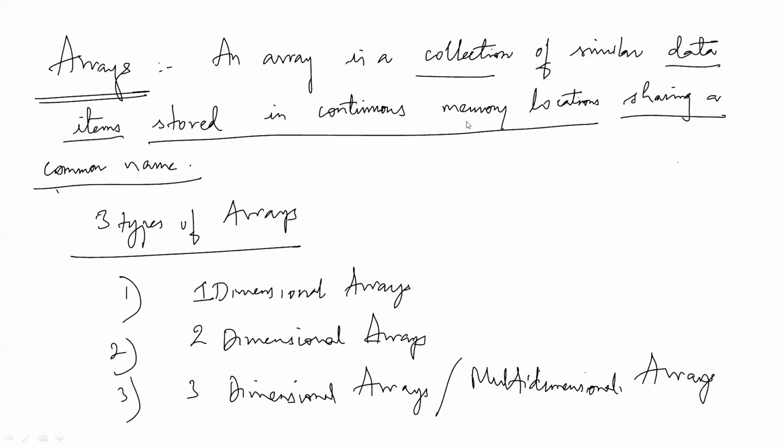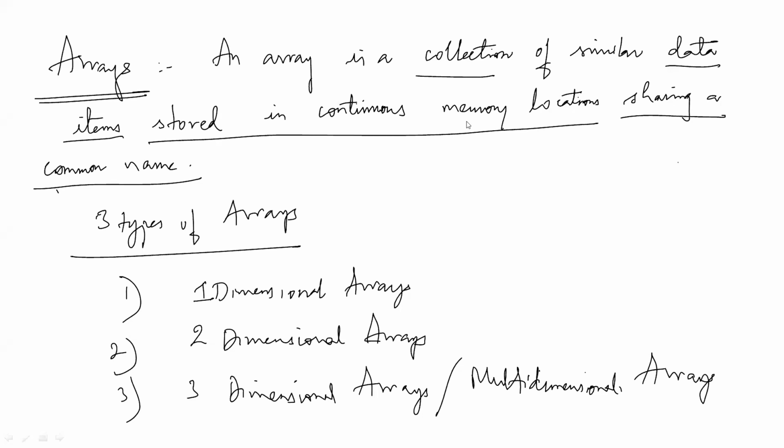It is a linear data structure. The speciality is that in an array, the data is present in continuous memory locations both physically and logically. That is very, very important.